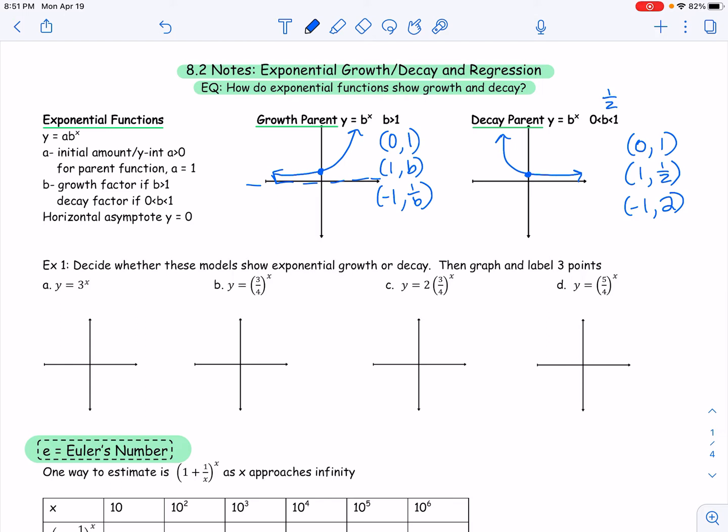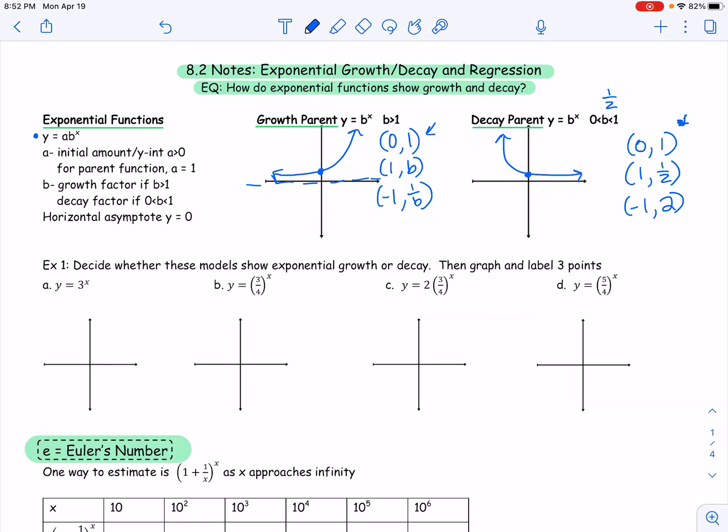We are going to talk about this format of exponential functions today, y equals a times b to the x power. And we talked about in our transformation that a value would be some kind of vertical stretch or compression, which is absolutely true, but it also shows us the initial amount, because if you think about it, no matter what exponential function we have, growth or decay, we will always have the point 0, 1.